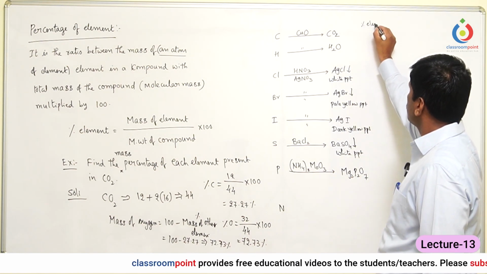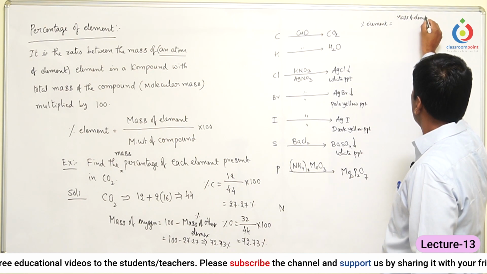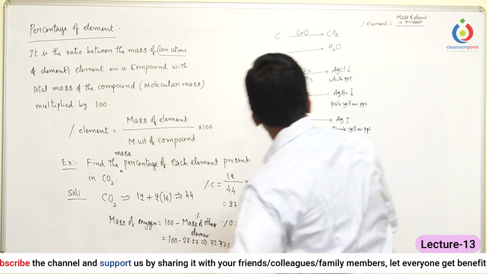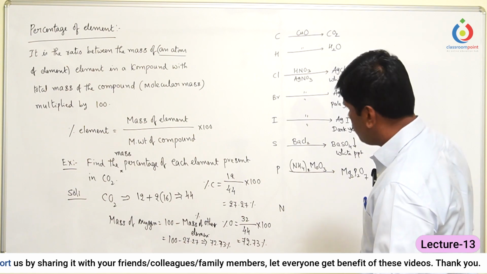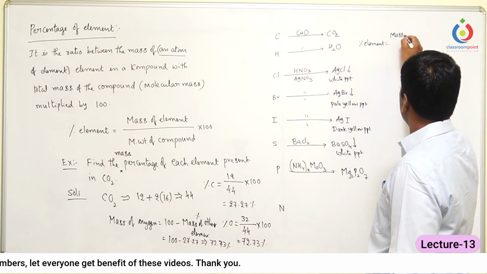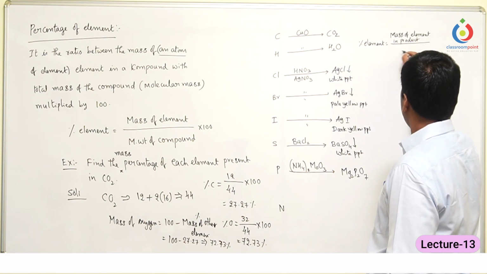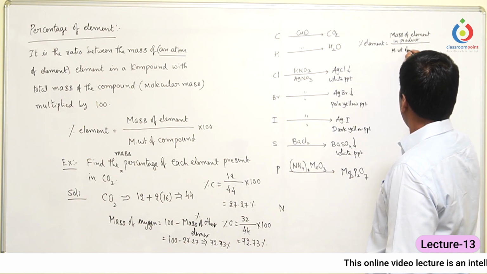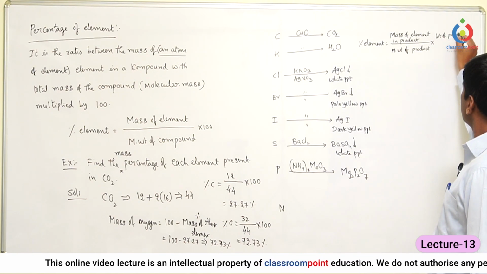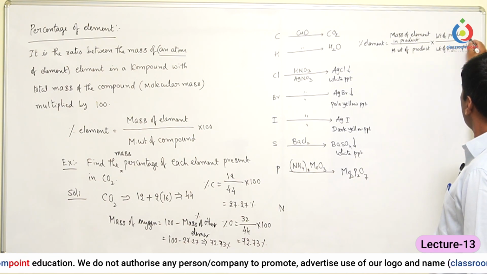So percentage of element is equal to mass of element in product divided by molecular weight of product, into weight of product divided by weight of organic compound taken, into 100.